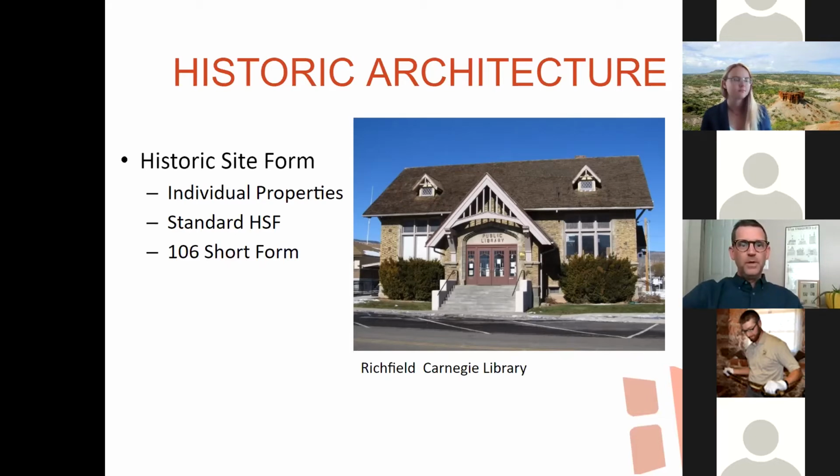So when you are surveying an individual building or other architectural resource, you'll want to use one of our historic site forms. These forms have text fields, text boxes, and drop downs where you enter architectural data, historic information, and current property details, along with uploading or attaching photographs to the form.